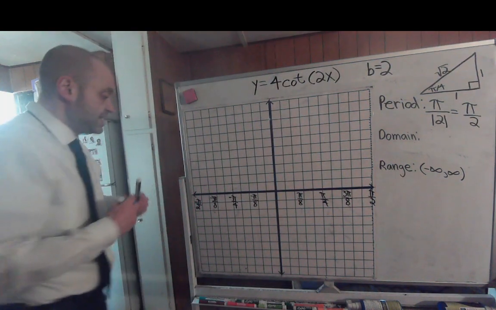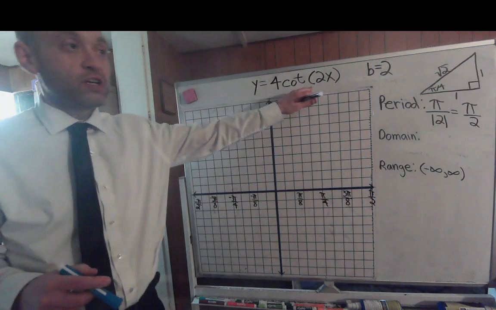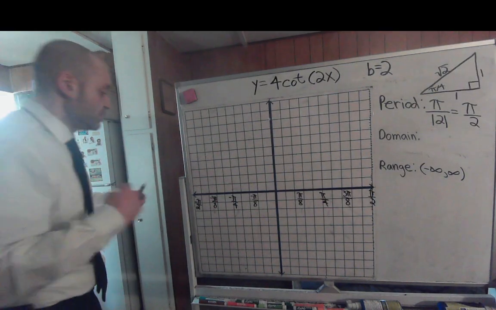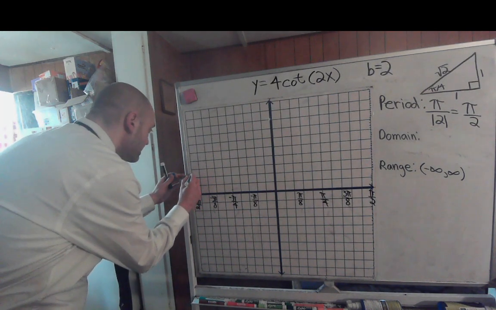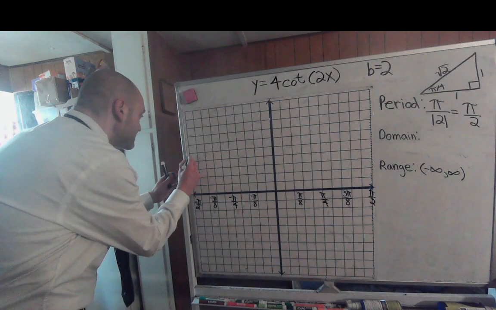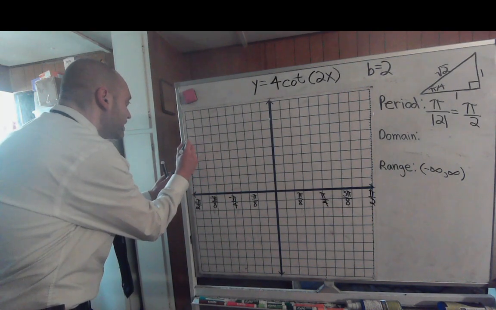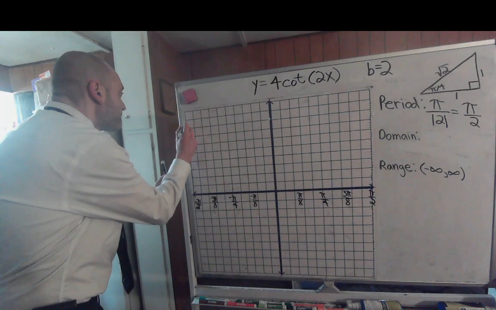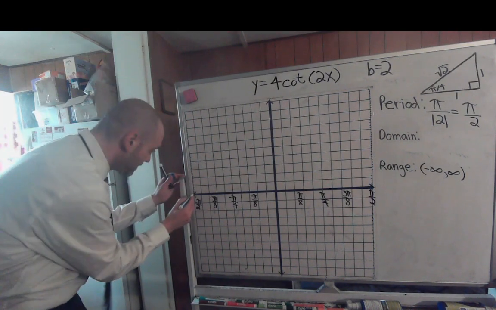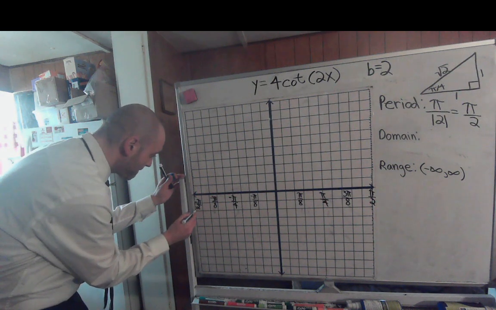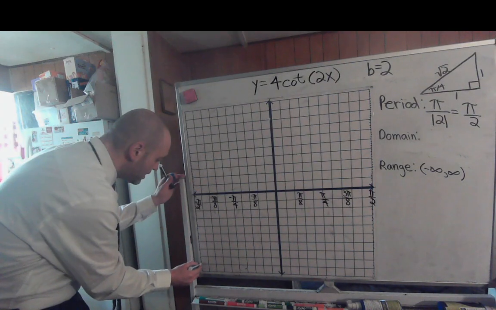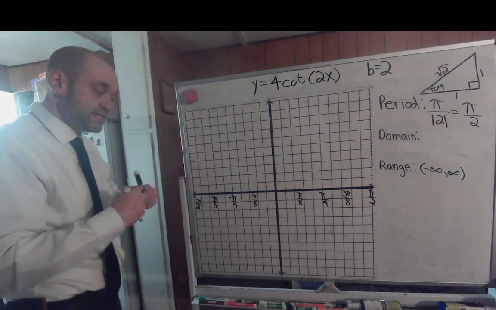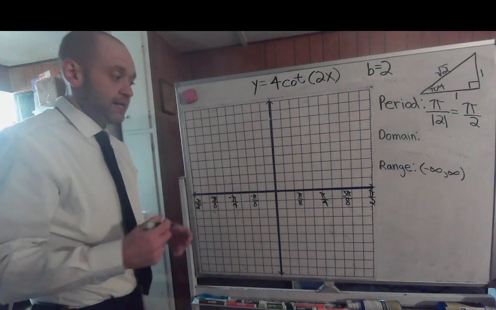Now what if I did negative pi over 2? That would give me the cotangent of negative pi, which is also undefined. So I can put another vertical asymptote at x equals negative pi over 2. Alright, so then what does that mean my domain is?